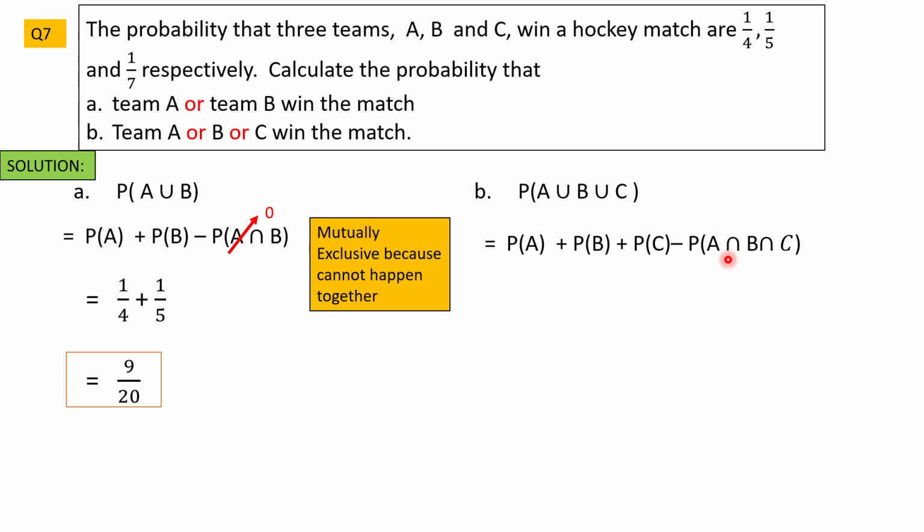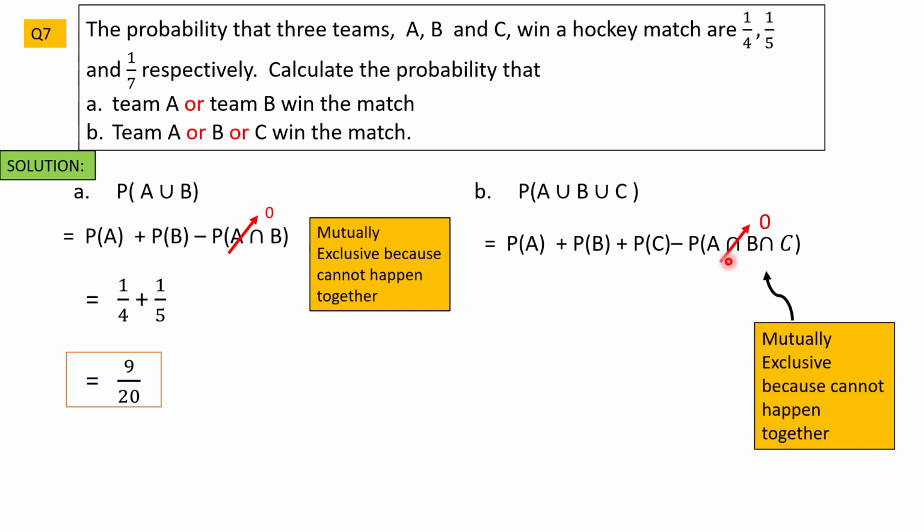That means these three cannot happen at the same time. Therefore, the intersection between these three events equals 0. So left only probability A plus probability B plus probability C. All this information is given. You substitute and find the final answer. So the final answer will be 83/140.